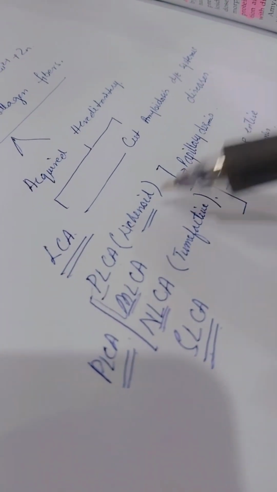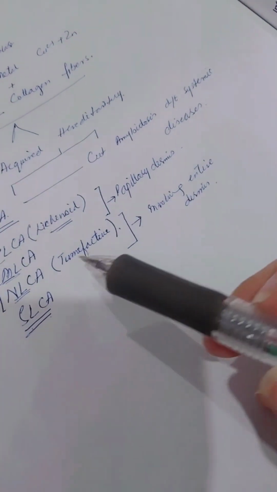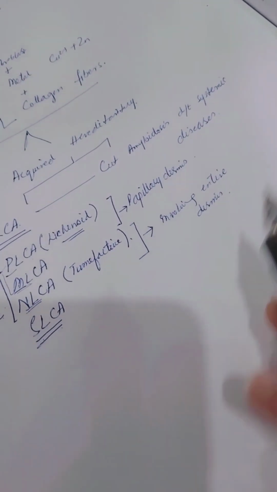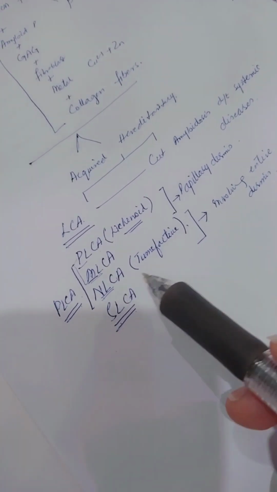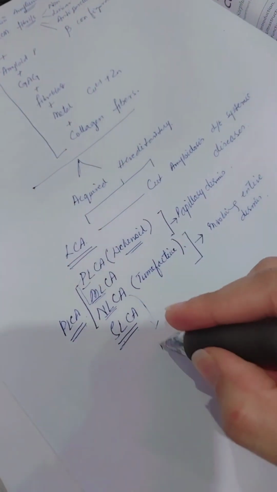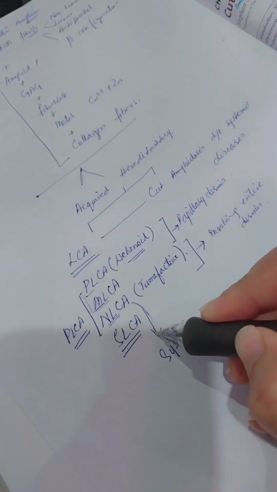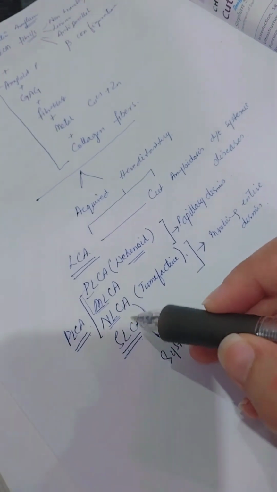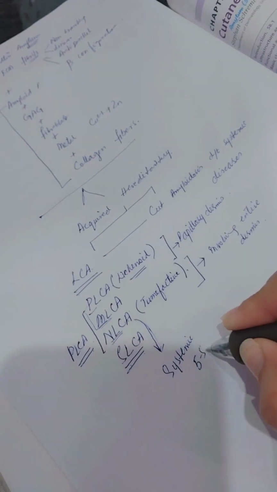It's the papillary dermis in papular and macular, and deep in the dermis in nodular. One important thing to remember is that nodular localized cutaneous amyloidosis can progress into the systemic form. Whenever you see a patient with nodular localized cutaneous amyloidosis, you have to be very vigilant because it can progress to the systemic form in 5 to 50% of cases.